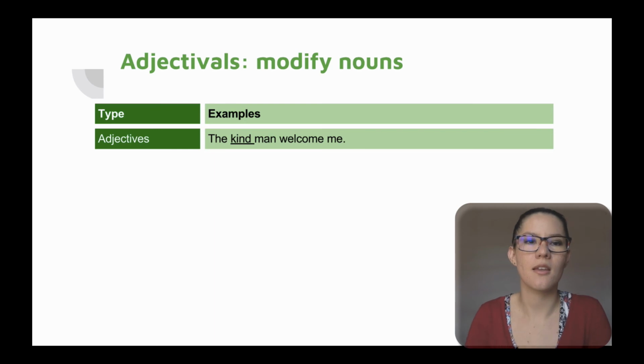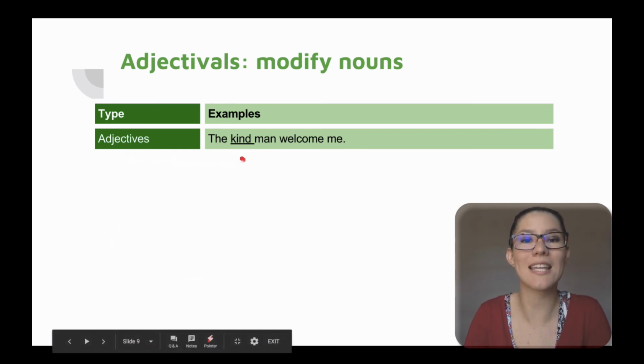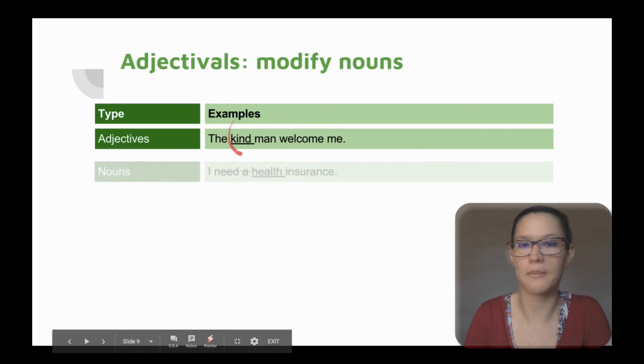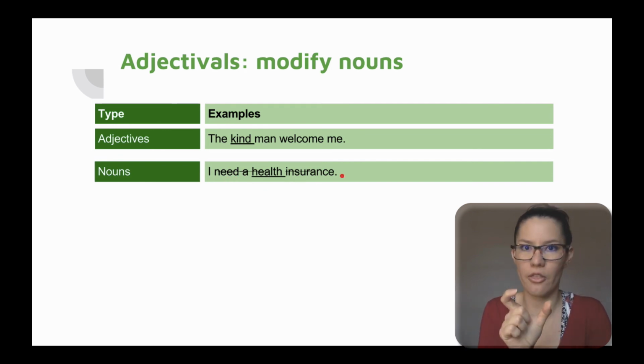For instance, here we can see the sentence, the kind man welcomed me. Then you can also find nouns working as adjectives, as when you have compound nouns. I need a health insurance. What kind of insurance? Health. So it is describing the noun.